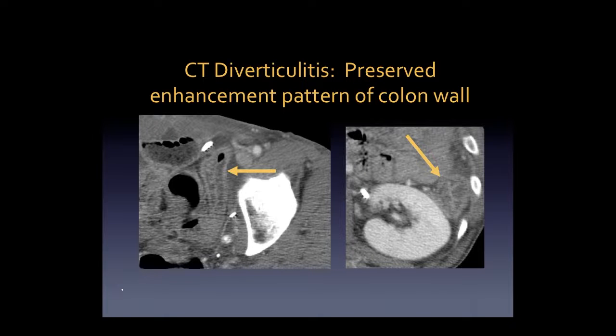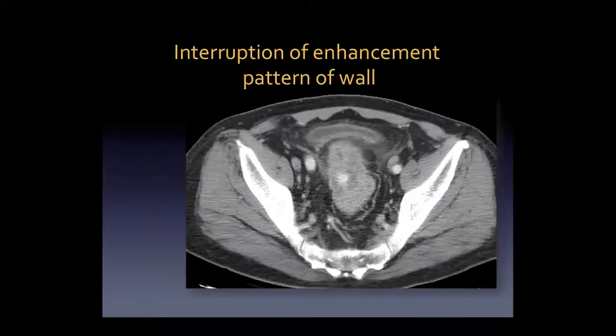Like we see here, the colon is thick, but we can see that stratified hypodense inner layer appearance throughout the abnormal segment. I want to contrast that with this case, where you're seeing hyperdense, hypodense, hyperdense, that stratified look coming down, and then boom, it's interrupted quite abruptly by this enhancing mass.